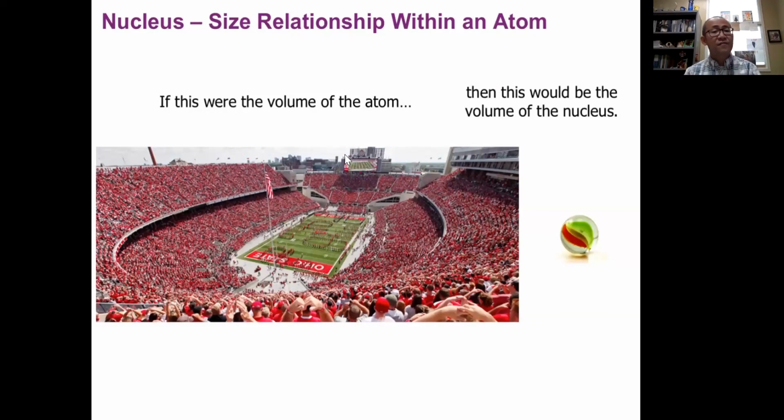If the size of the atom were the volume of a stadium, then the nucleus would be the size of a glass bead. However, the nucleus itself, even though small, carries almost all the mass of an atom, because that's where protons and neutrons are located.